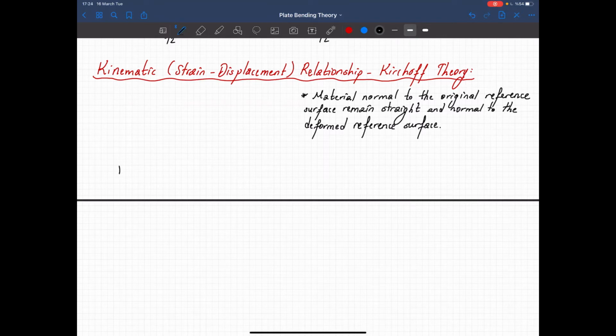Now for this, let me first draw the original surface. So let's say that this is our original mid surface. And let's say that that's the local x direction.